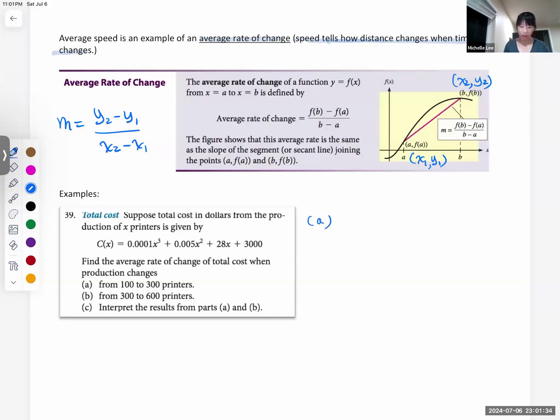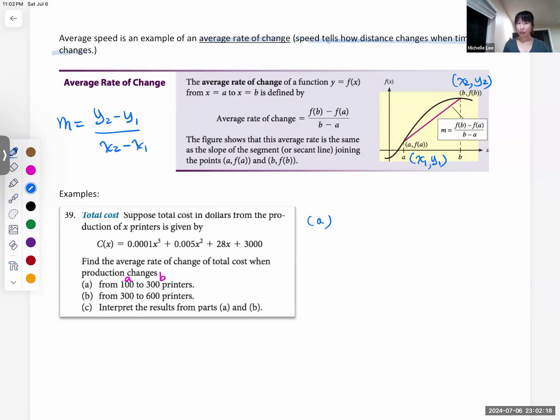So 100 to 300, that means this is x sub 1, this is x sub 2, right? How do you find y? We substitute x value into the function to get the y value, which is f of b. Let me denote this way because we are using this formula. So let's denote this is a, this is b. Now our job is to find f of a, f of b.